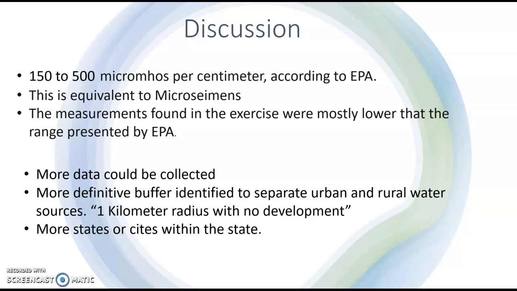Also, I would say that we need to have more states or cities within the state checked just to make sure that there is more data to bounce off of. Maybe Columbus is different from another smaller city specifically.